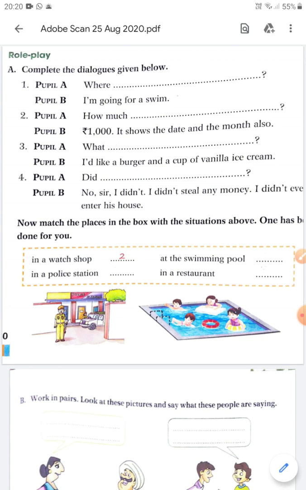In a police station, what happens? Which question must have happened in the police station? Did you steal his money? Then only the person will say, no, I did not. So, number 4. In a police station is 4.